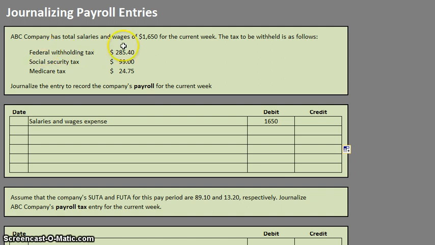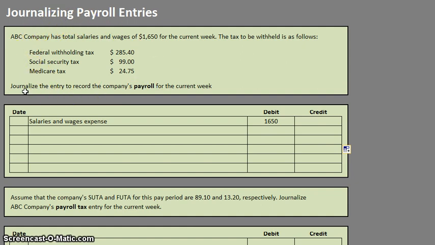So next, let's talk about these taxes up here. As I said, we don't get to keep those taxes. We have to pay that to the government. Typically, we don't pay those right away. So the general way that these are treated, particularly in academic accounting, is as a liability for the company. They owe that money. So the company's liabilities are going up for each of these taxes.